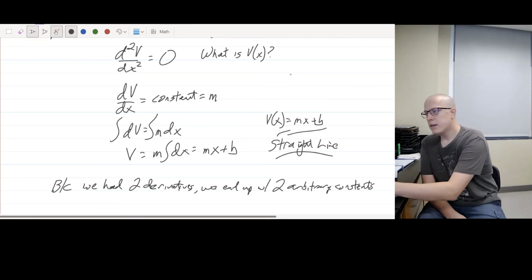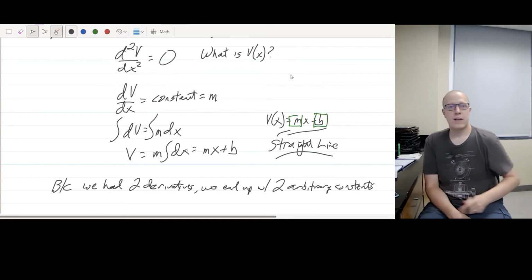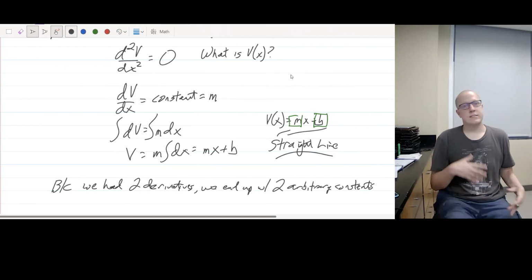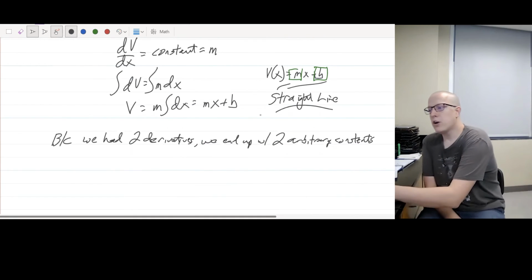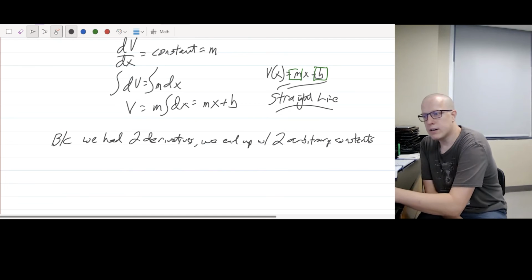Right? In this case, our arbitrary constants were m and b, right? So I have no idea what m is, and I have no idea what b is. However, I can determine what those arbitrary constants are.